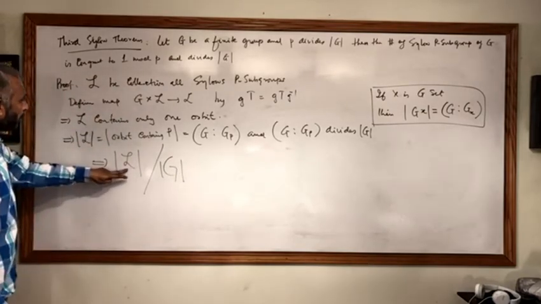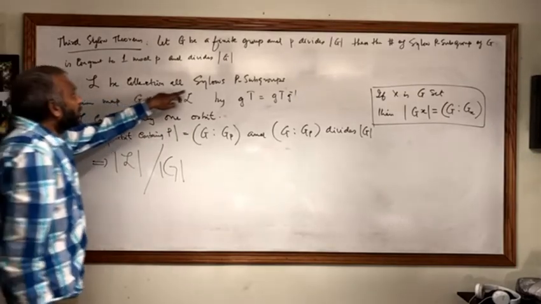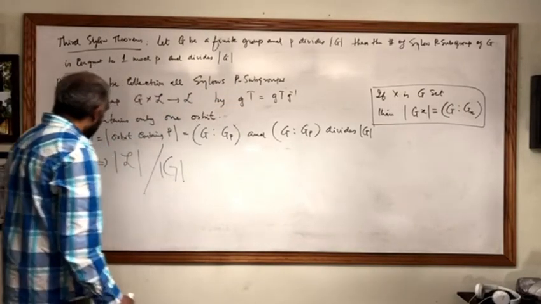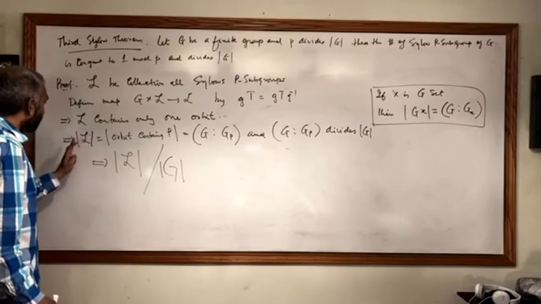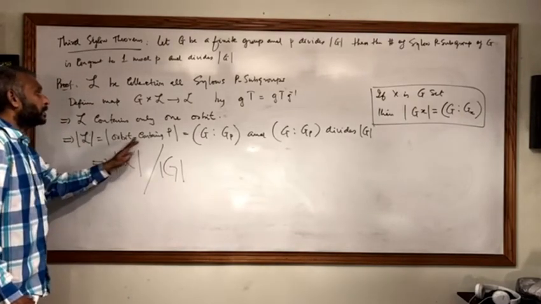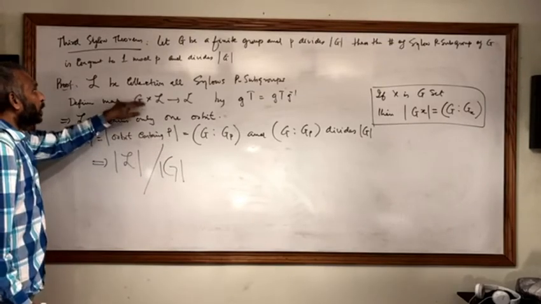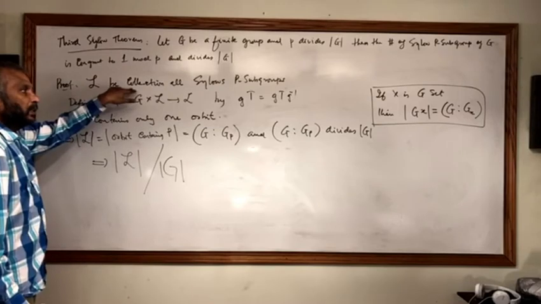L is the collection of all Sylow's P subgroups, and its number of elements is equal to the number of elements in the orbit containing P. There is only one orbit, because any two elements, if you take, they are conjugate.